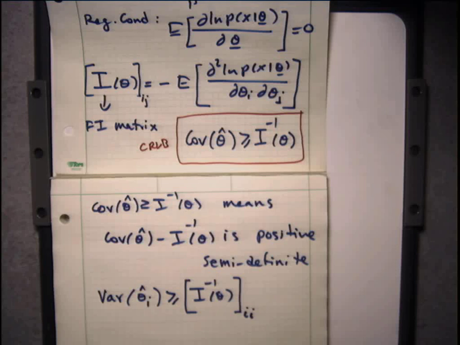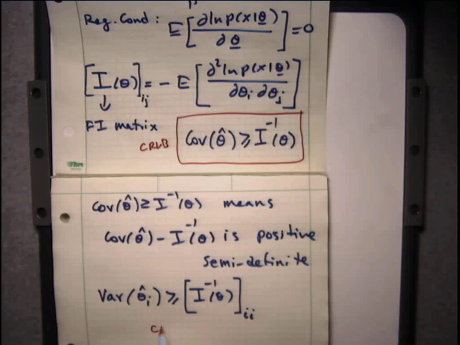So in other words, if theta is a vector and you're interested in just the variance of one of its components, the bound is given by first inverting the Fisher information matrix, then going to the ith element along the diagonal. This is the proper way to think about the Cramer-Rao bound. This would be the CRLB for that particular parameter.